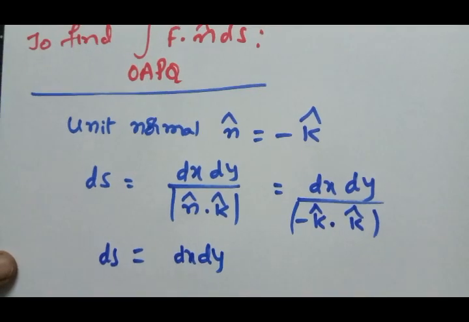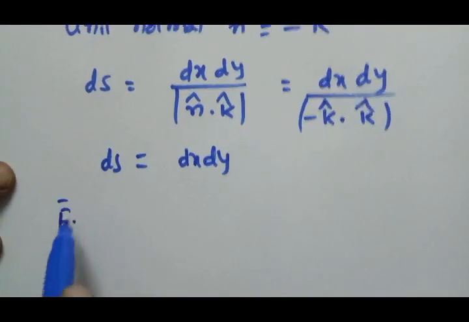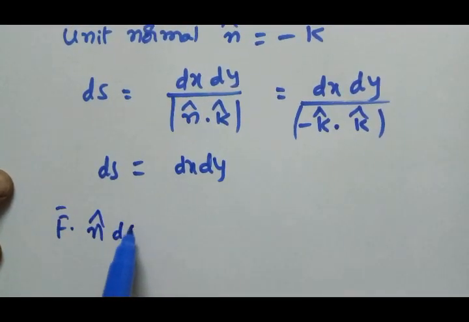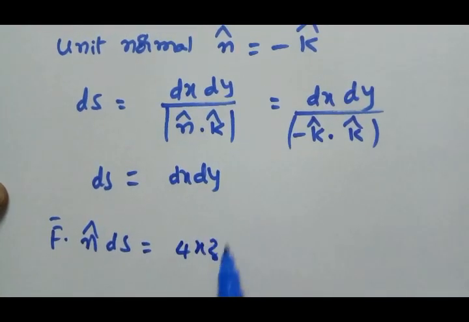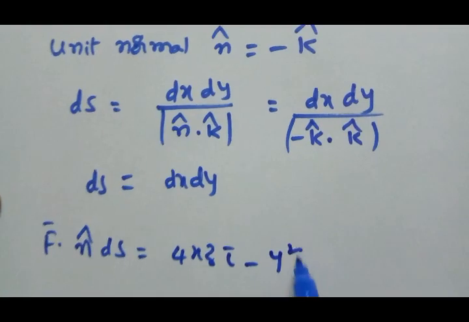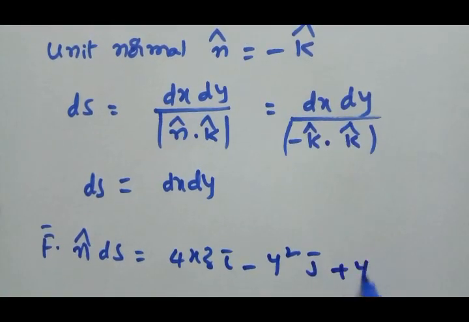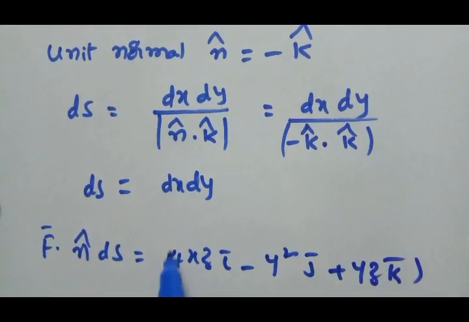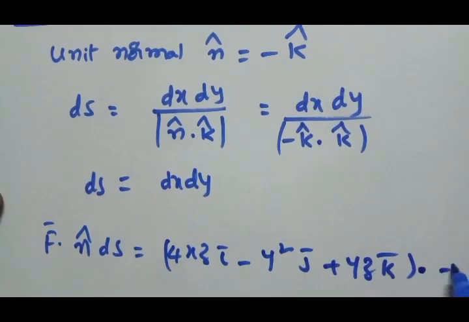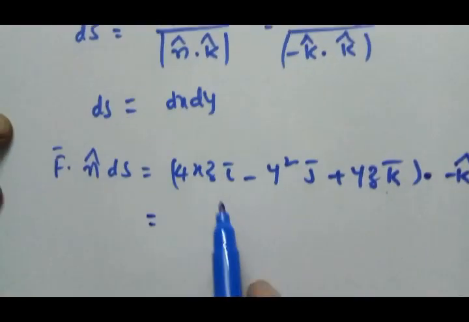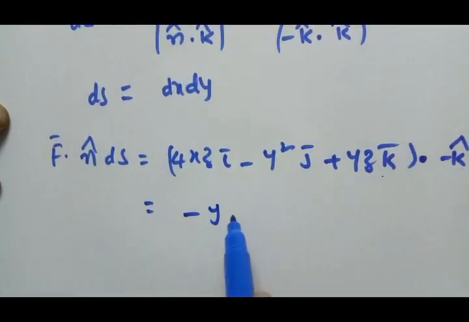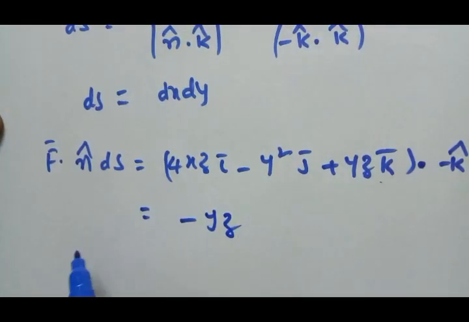Now f bar dot n cap ds, where f bar is 4xz I bar minus y square j bar plus yz k bar dot minus k cap. Therefore, this is k bar dot k bar is 1, other dot products being 0.